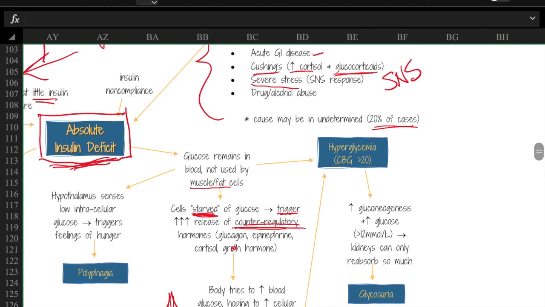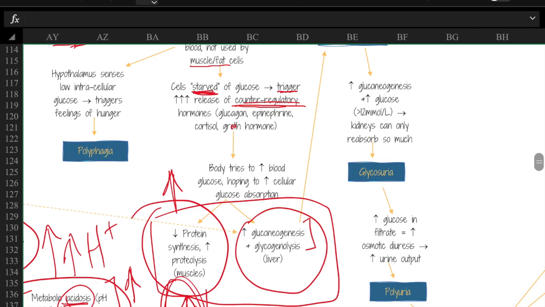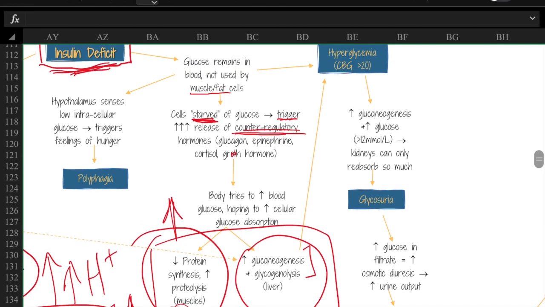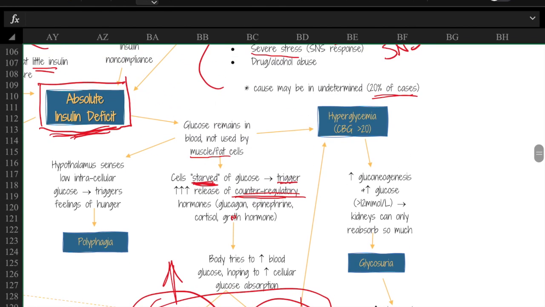So now if you look at all of the things we've talked about, scroll up here and you can see where this really high increase in blood glucose is coming from. Now, when you have a large increase in glucose in the blood like that, it's going to have an effect on the kidney.